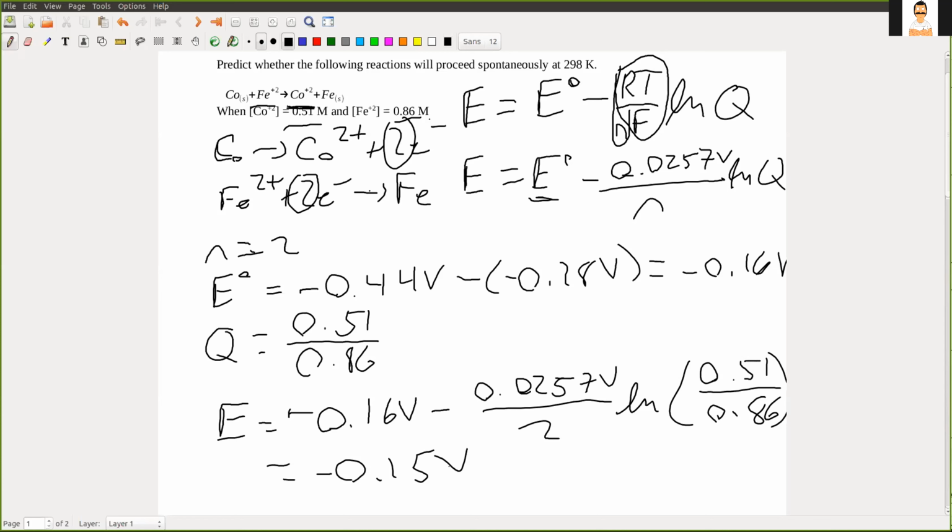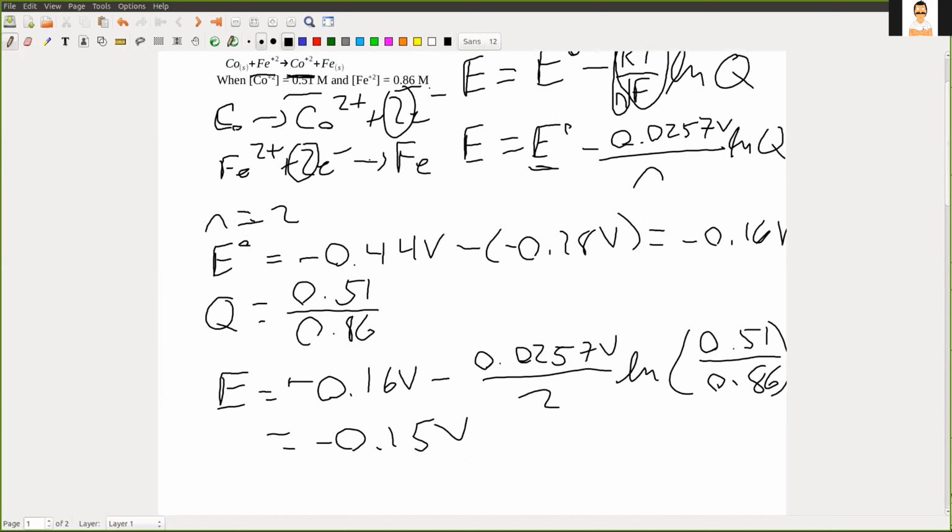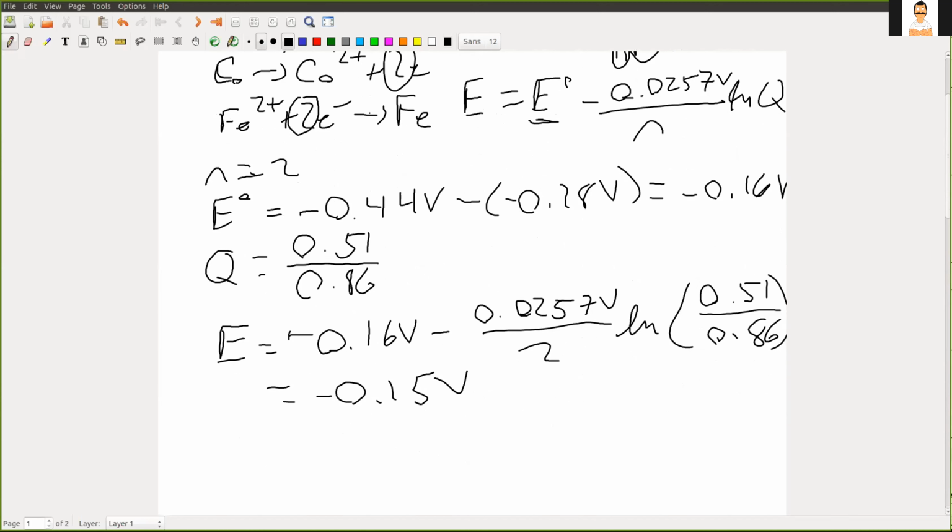Now, we're asked whether it would proceed spontaneously. The easiest way of doing that is to relate it back to Gibbs free energy. If you recall, if the change in Gibbs free energy is negative, then the reaction will occur spontaneously, and if it's positive, it will not be spontaneous. So let's have a look. Delta G is equal to negative NFE.